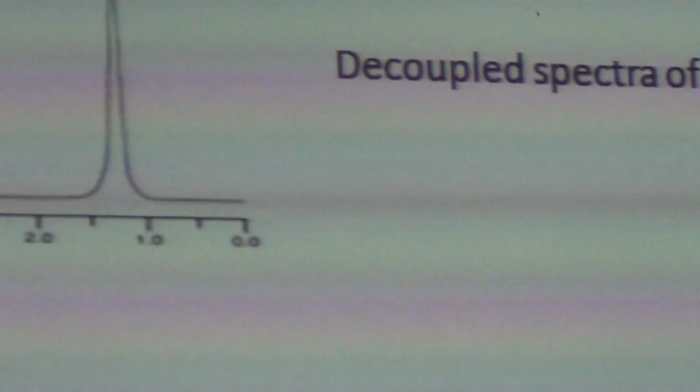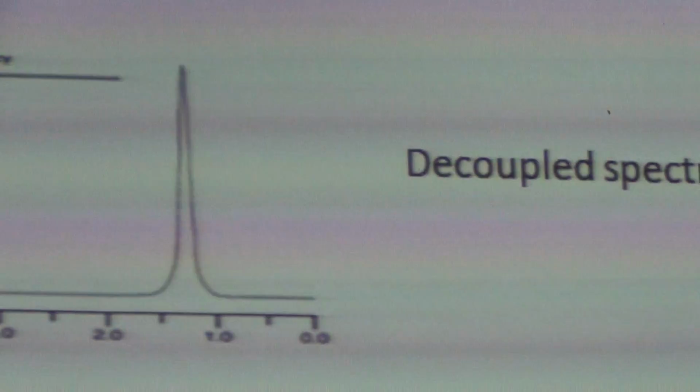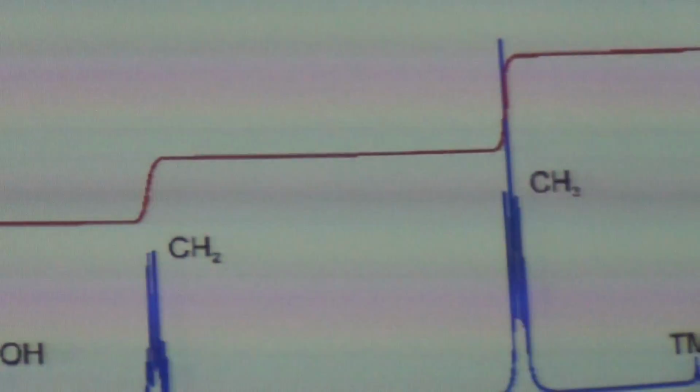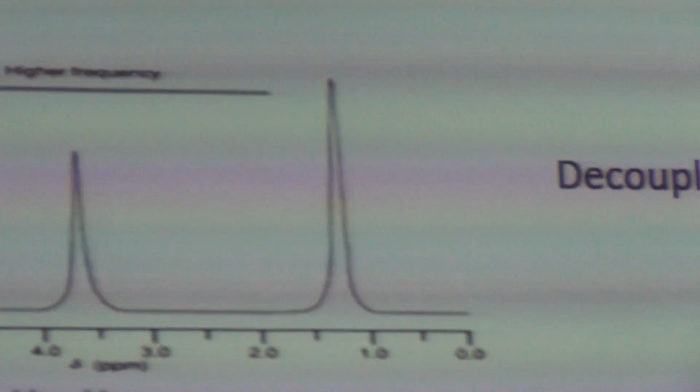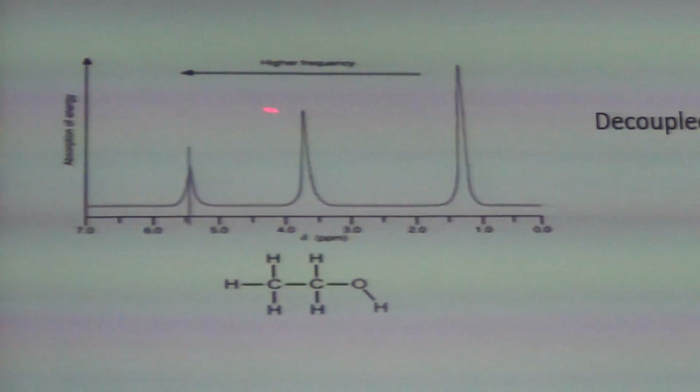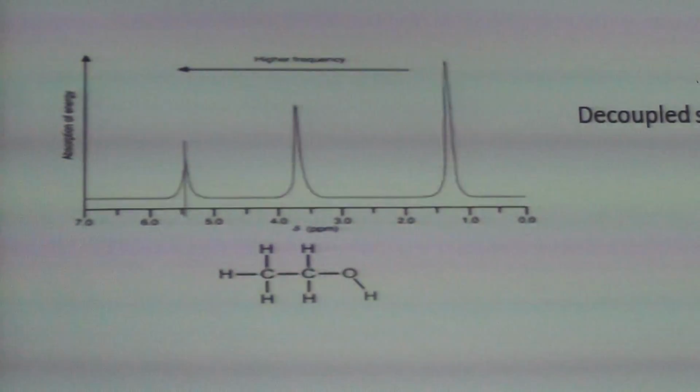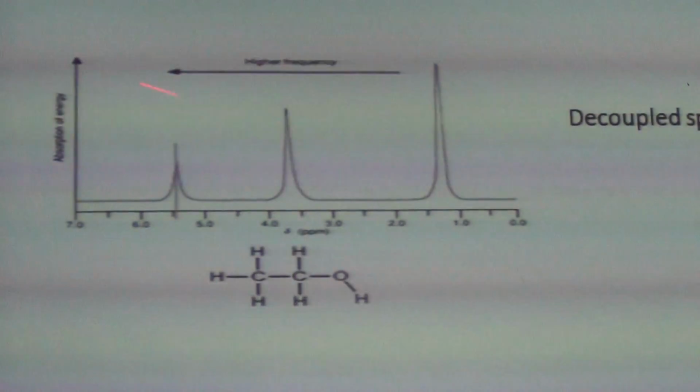What is the advantage of this? Your spectra is going to look less crowded, and the intensity of these peaks is going to rise because the three peaks are now joining together and becoming one peak. The same thing happens here, and over here. So your intensity improves, and your spectra looks a little less complicated.